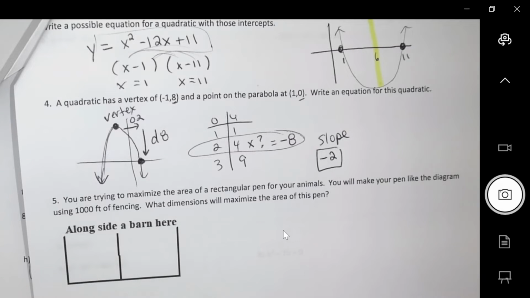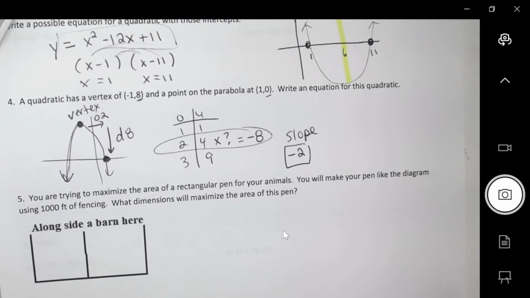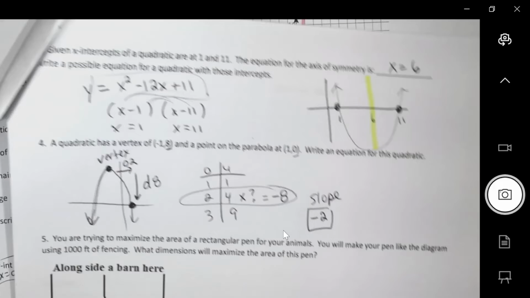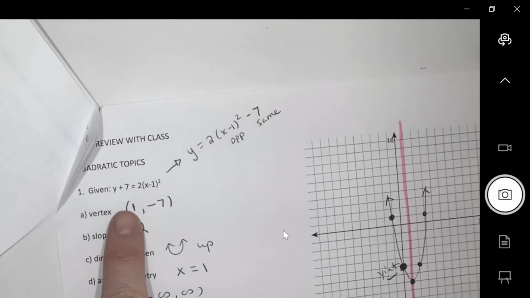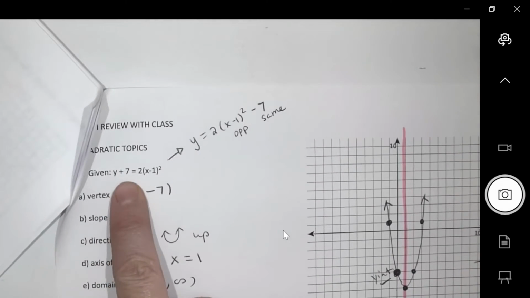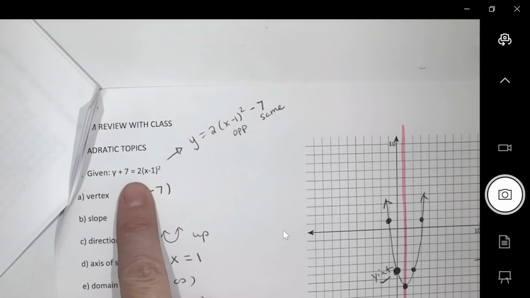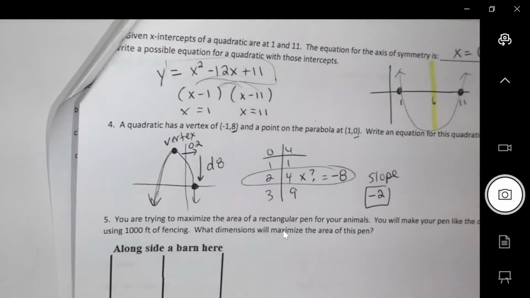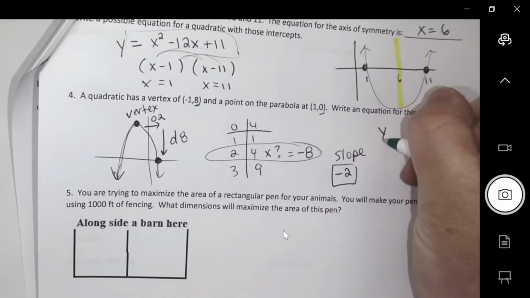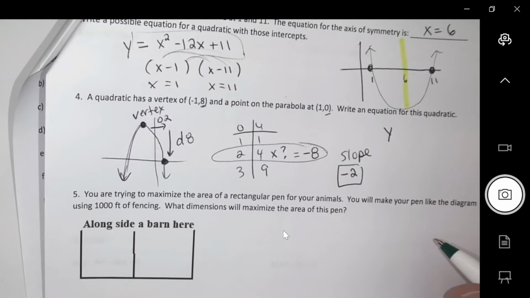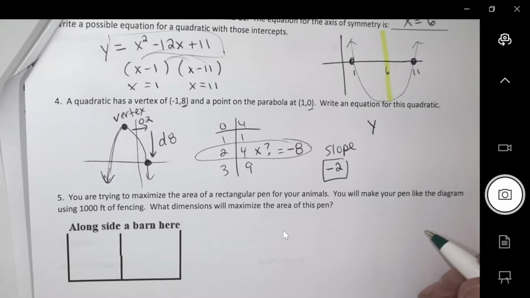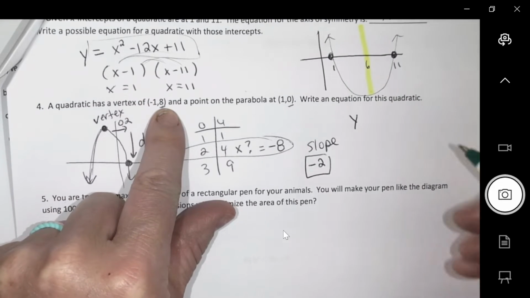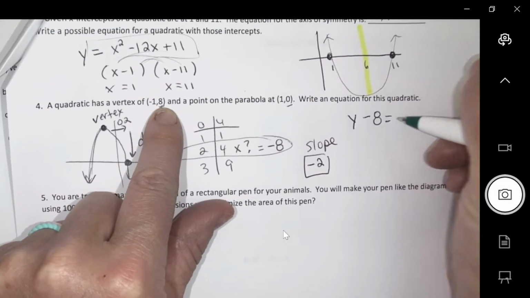Okay, so I'm going to fill this into an equation, and we're going to flip back here. I need to make it look like this. I'm going to put the vertex and the slope into it. Do you remember the vertex was opposite? So y, what's the opposite number? This was 8, so I go -8.